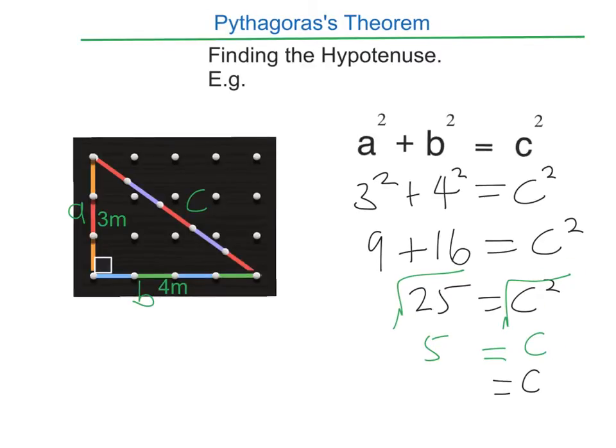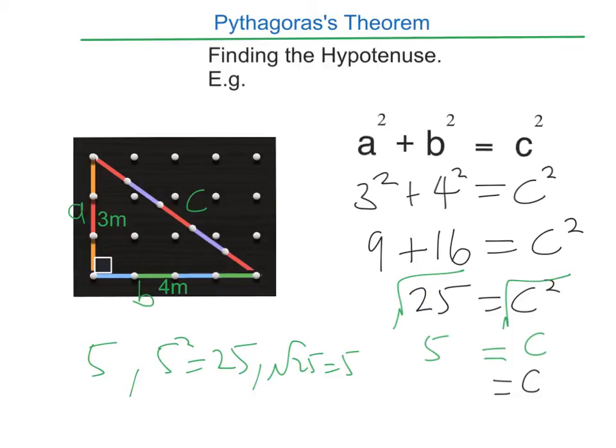For those of you who are not sure about what happened with that C squared and square root, let me give you an example to illustrate it. If I've got 5 and I square it, I get 25. If I do the square root of 25, I get back to 5. So I started with 5 and I ended up with 5 when I squared and then square rooted.